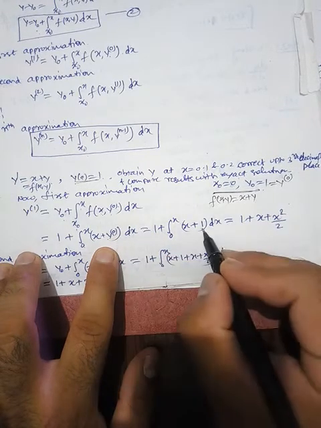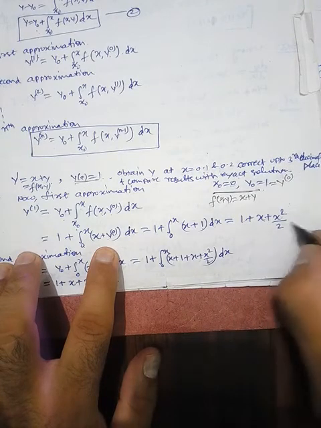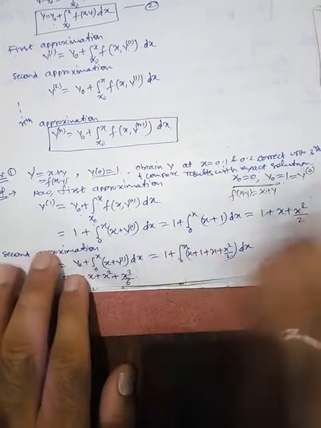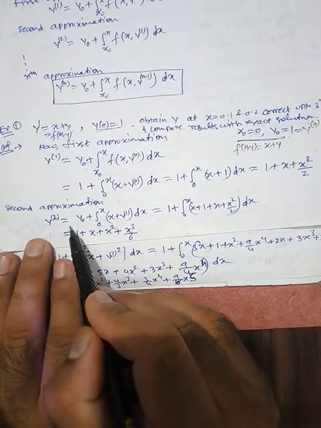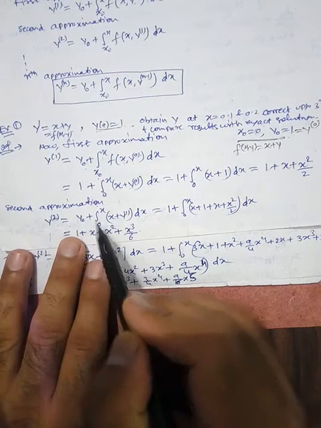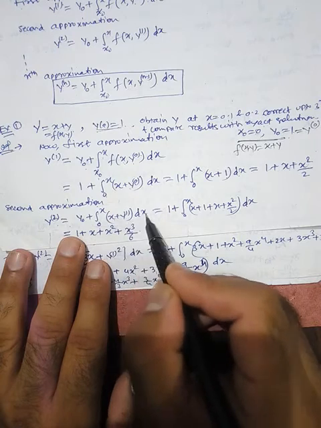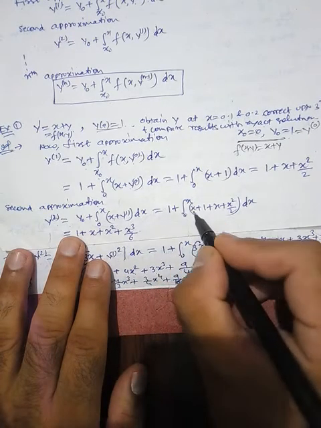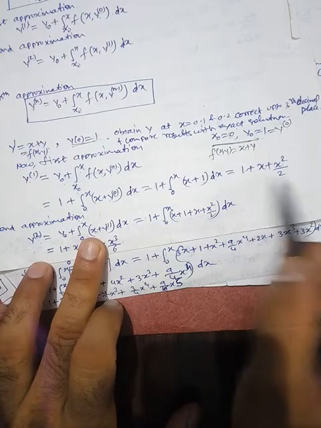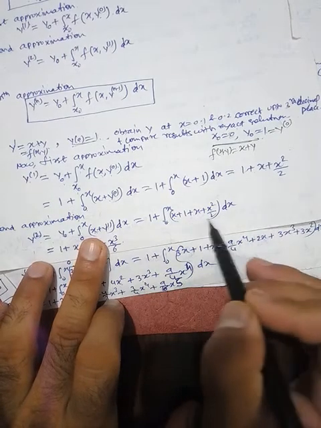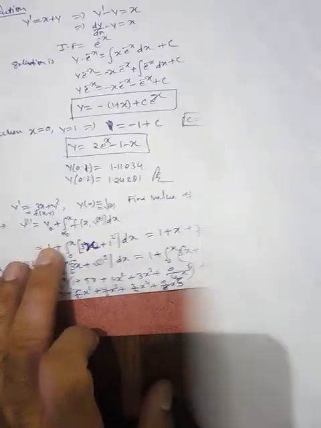So just replace this by 1, dx, integrating and substituting the limit, we get 1 plus x square by 2. So this is the first approximation. Now finding the second approximation, y2 is equal to y naught plus the integral from 0, meaning x naught, to x of x plus the first approximation dx, which is 1 plus the integral from 0 to x of x plus y1, but y1 is 1 plus x square by 2. So substitute here, then integrate, and after simplification we get this. So this is the second approximation.